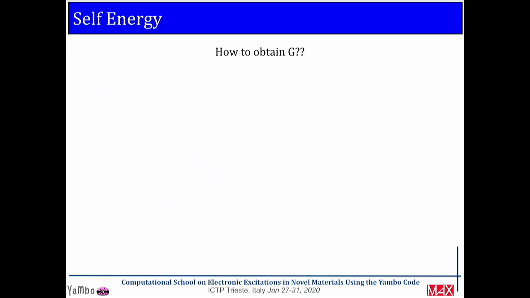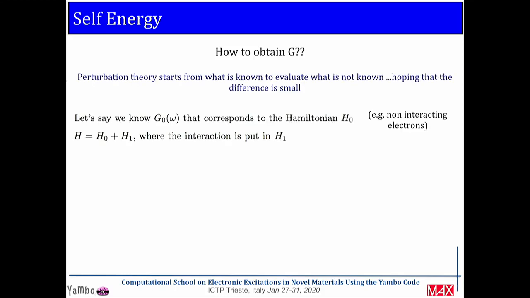Now, how to obtain the Green function, how to calculate it. We are in many-body perturbation theory. We start from something that we know how to calculate, we approximate it, and then we evaluate what is not known, hoping that the difference is small.